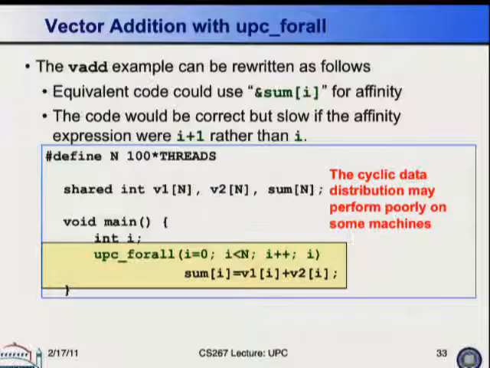That says, give me a pointer that points to sum sub I, the ith element of sum, and tell me what the address of that is. Because it appears in this place in the UPC for all, it asks what thread owns the thing that points to, which is, by the way, the thread that owns sum sub I. And so you'll get the same results as if you had put in I.